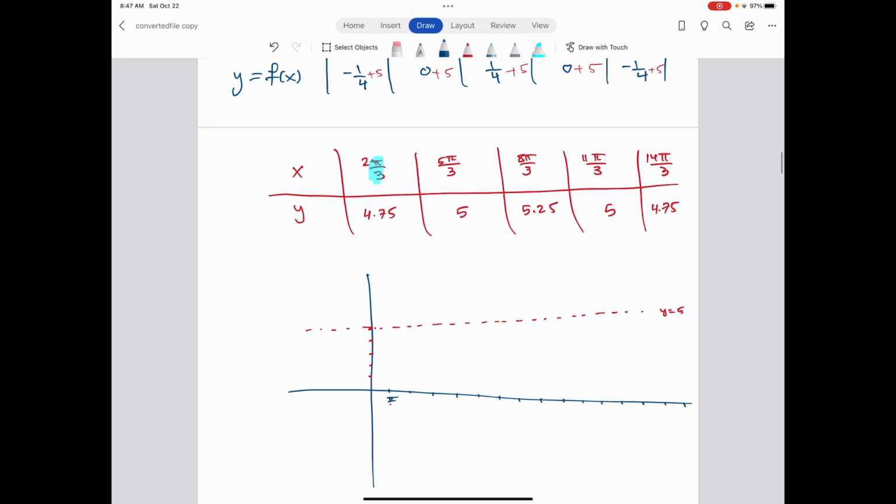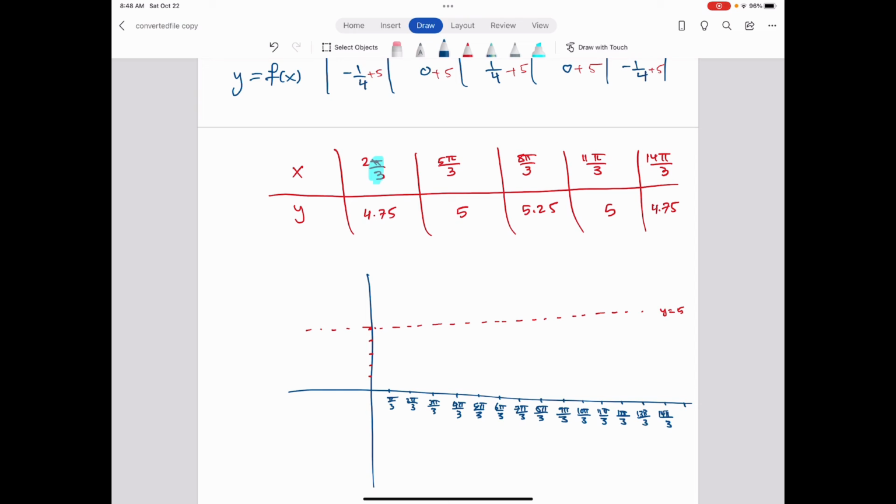Pi over 3, 2 pi over 3, 3 pi over 3, and I'm not going to reduce that one, 4 pi over 3, 5 pi over 3, 6 pi over 3, 7 pi over 3, 8 pi over 3, 9 pi over 3, 10 pi over 3, 11 pi over 3, 12 pi over 3, 13 pi over 3, 14 pi over 3.